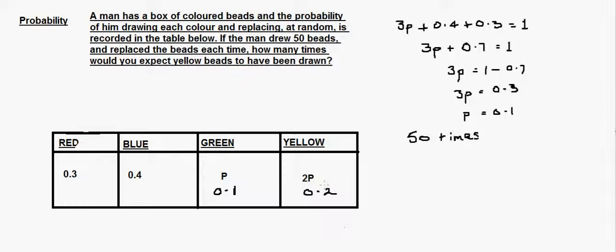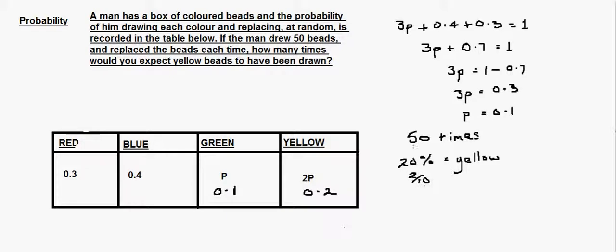Now I know some of you might know, well, 0.2 is 20%, that's fine. We can say 20% of the beads would be yellow. I also know that 0.2 is 2/10, so that will be the same as 2/10. Okay, so whichever method suits you.